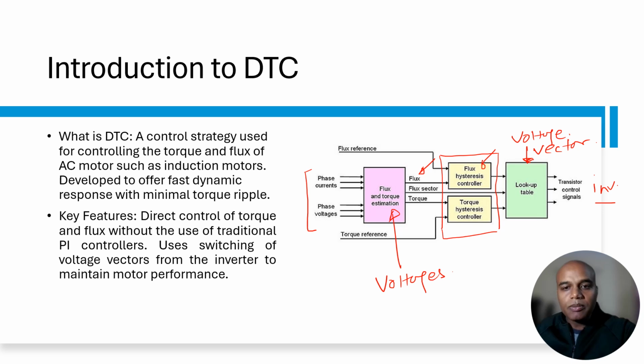Accordingly it gives the switching signal to the inverter, so that the inverter controls the torque and the flux of the motor. This is the overall DTC concept, which uses the flux and torque estimation based on the stator voltages.